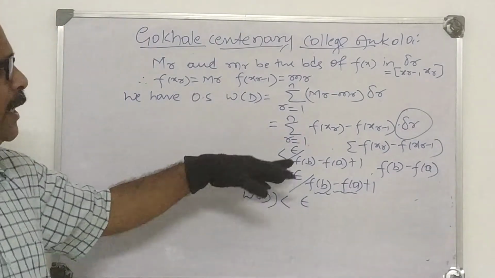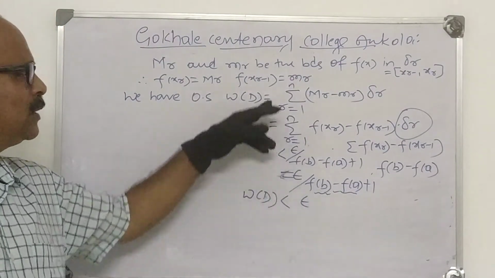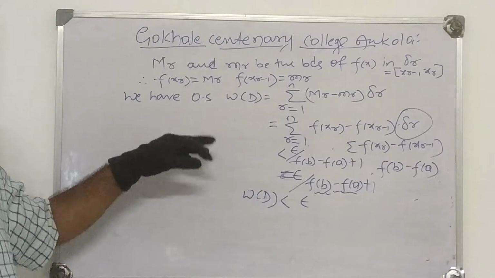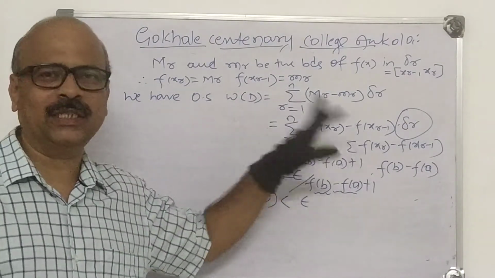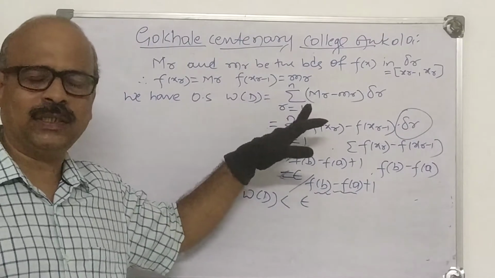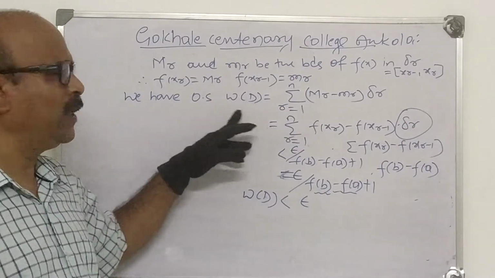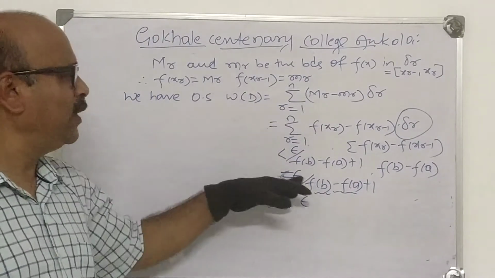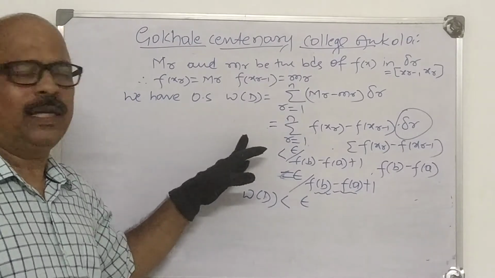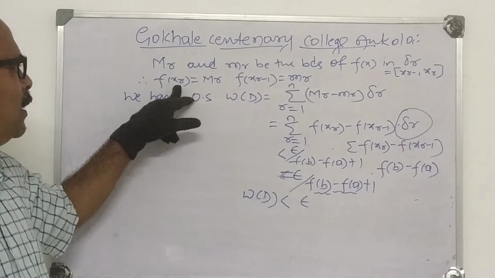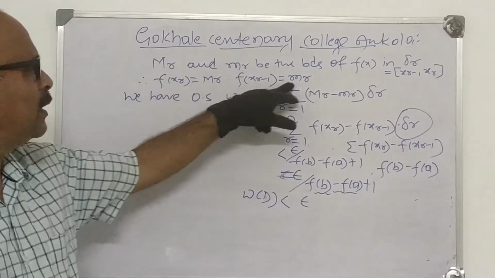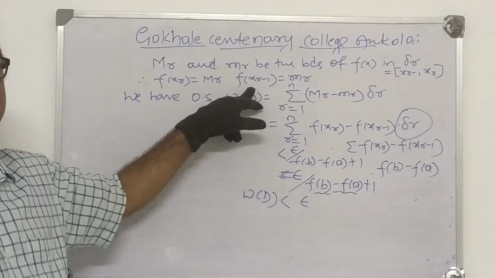Now once again I explain the proof of this important theorem. First of all, every monotonic function is bounded. Therefore f(x) is bounded. And for definiteness we have assumed that f(x) is monotonically increasing. So we have this result: capital M_r is f of x_r, small m_r is f of x_r minus 1.